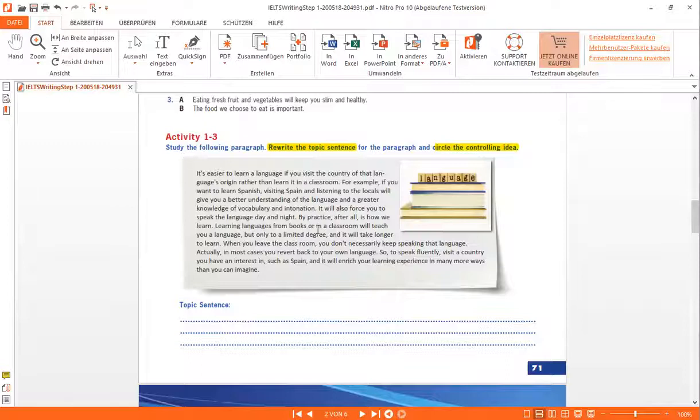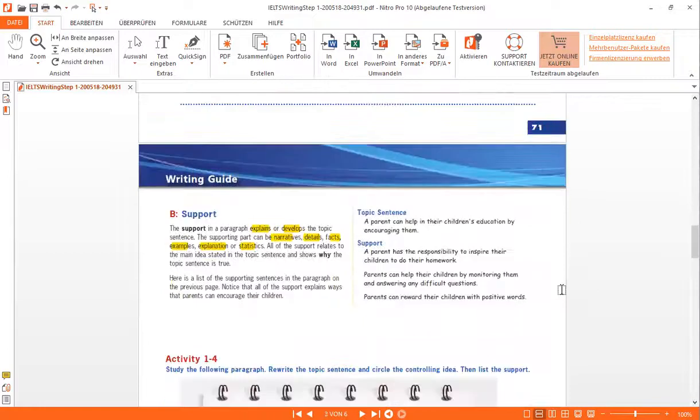Remember, the topic sentence is your very first sentence in the paragraph. At this stage, the easy way is to just rewrite the first sentence exactly, "It's easier to learn a language," and so on to the end, and then circle the controlling idea. You can check your answer on the last page.